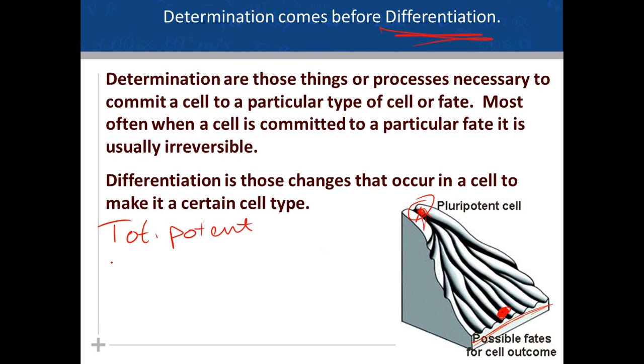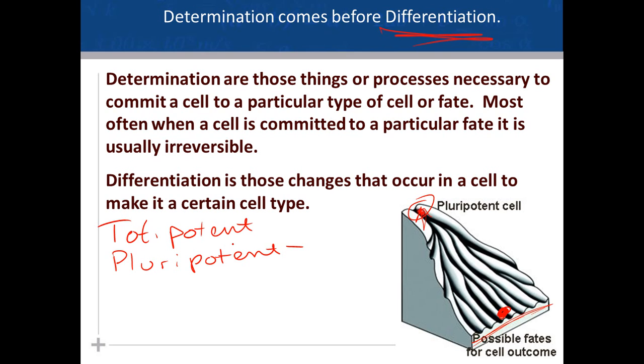Now, pluripotent cells are cells that can make any type of cell in the organism except the extraembryonic membranes. Okay, so if a cell is said to be pluripotent, it cannot make the membranes necessary for the chorion or the amnion.